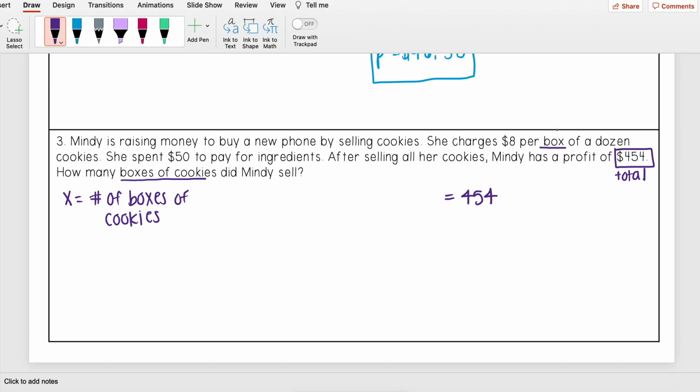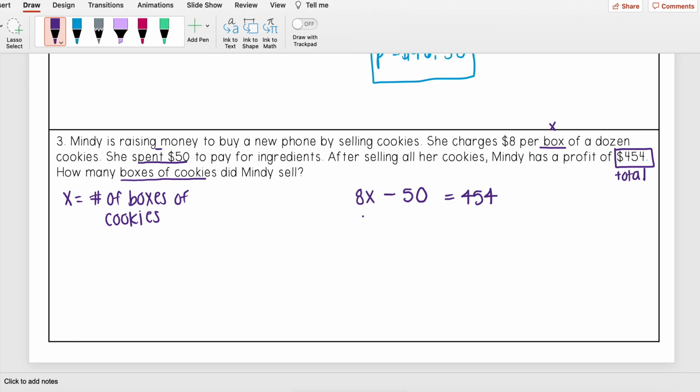So I know my box is my variable x. This per is meaning 8 times. So I have 8x. And then I'm also told she spent $50. And so that's taking away from her profit. So I need to subtract 50 from that 8x. And then I get this equation.